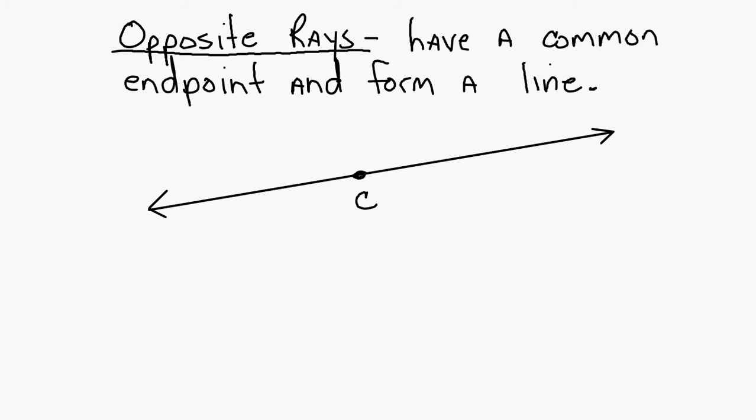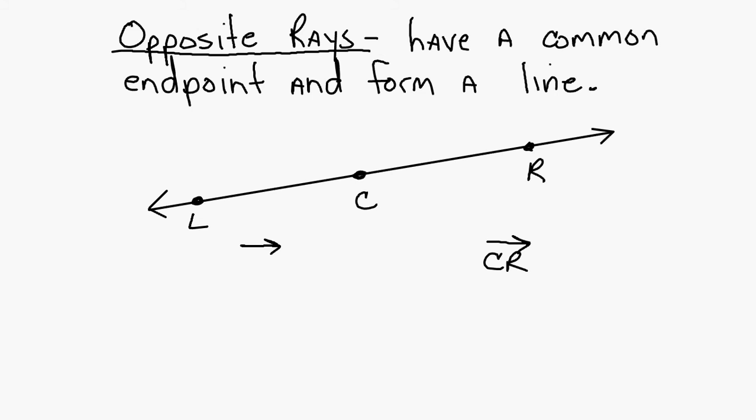In this case, there's going to be one ray that goes to the right, so we'll put point R right here. So we have ray CR. And where does the other point go? On the left side of C, so we'll call it point L. What would its name be?